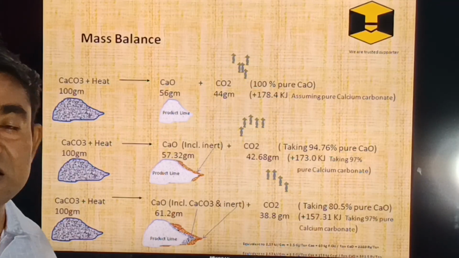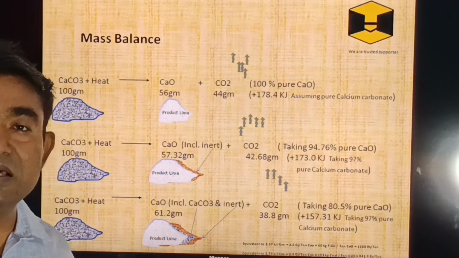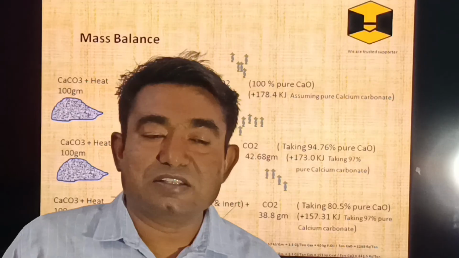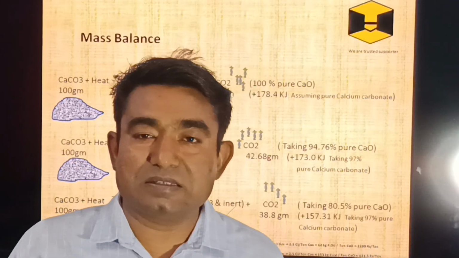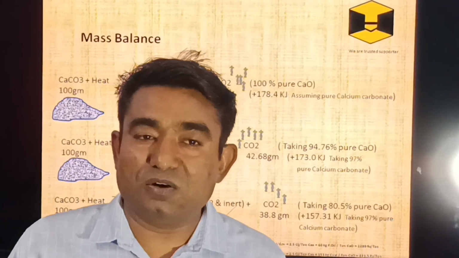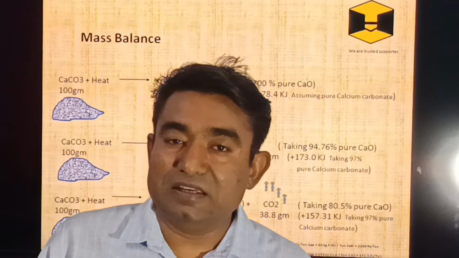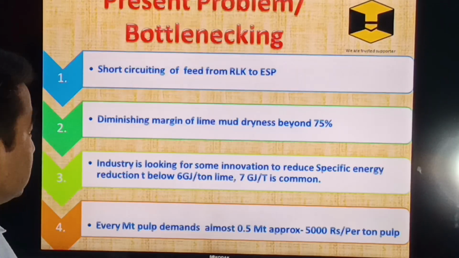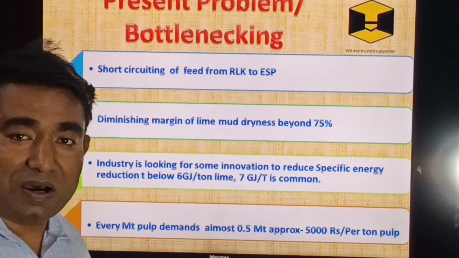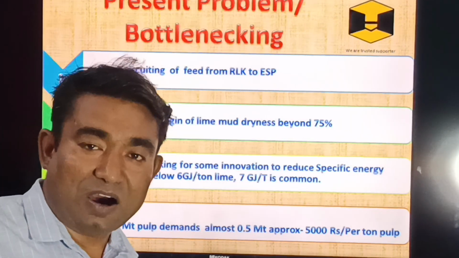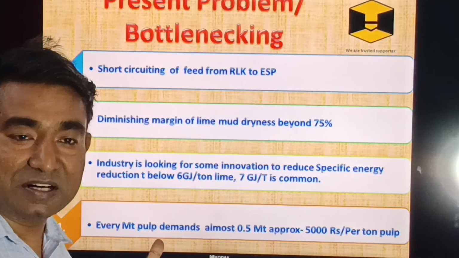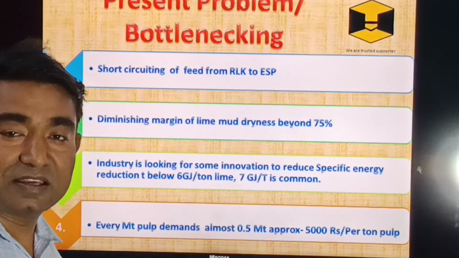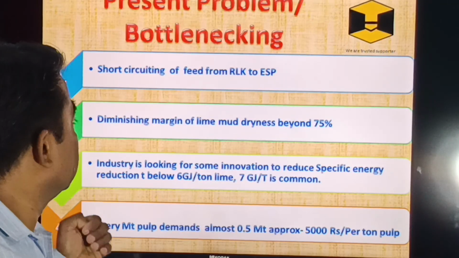In a nutshell, energy requirement theoretically is less, but in practical operation it is very high. I will explain in a later slide how, but let us first understand the bottlenecks with this rotary lime kiln.